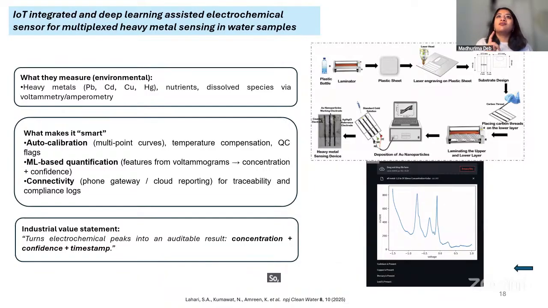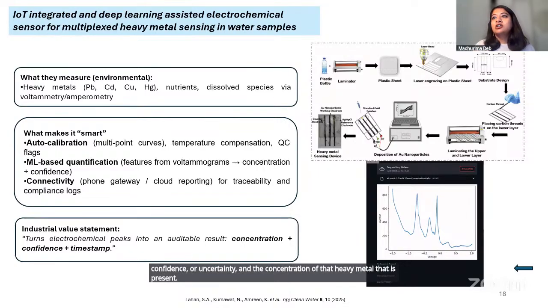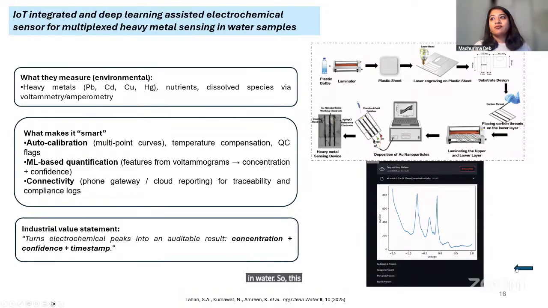So we can have a real-time sensing response along with standard deviation, or we can say along with confidence or uncertainty, and the concentration of that heavy metal that is present in water. So this was one of the very recent studies of electrochemical smart sensors.